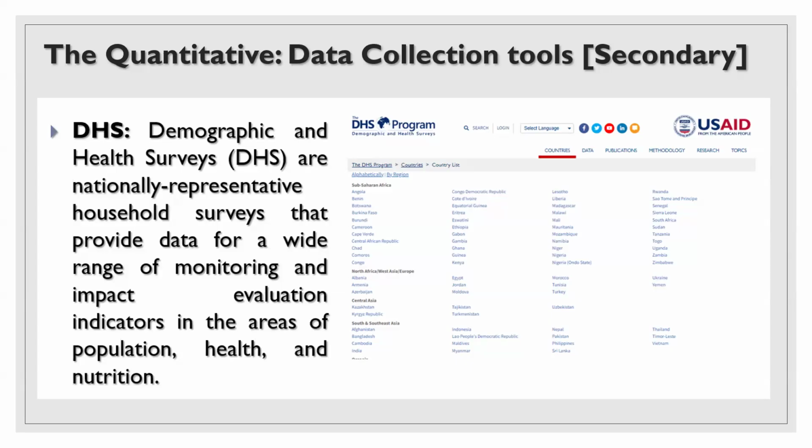But in my own case, I added a new tool, which is the in-depth interview guide, because of the qualitative aspect. That one is not secondary data; that one is primary data.